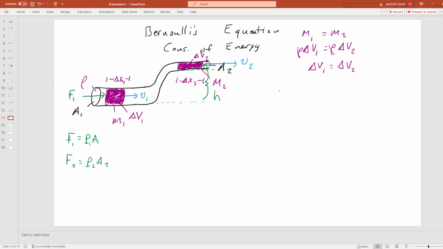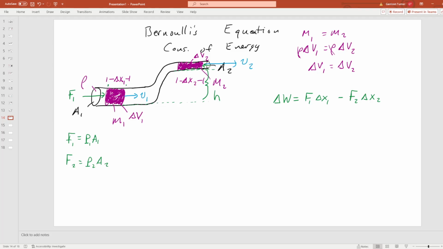So the total work done, delta W, is equal to the work done by F1, in other words, F1 times delta X1, that was the work involved in moving this chunk of mass from here to here, minus the work done by force 2 times delta X2.